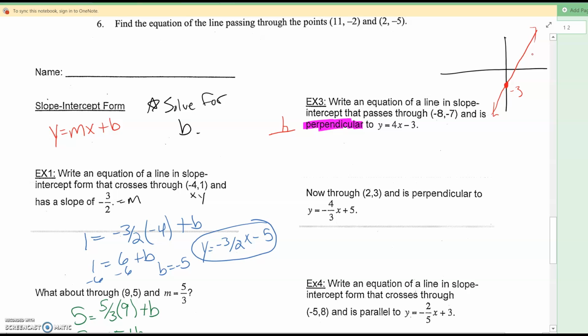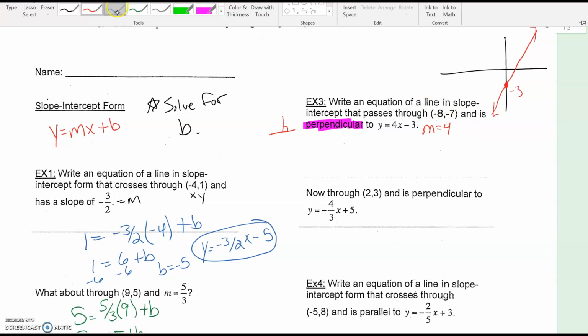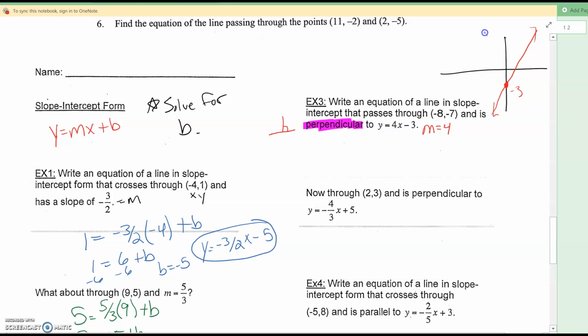So my rise and my run flip-flop. My first slope here is m equals 4, but when I rotate it, I need something that goes more this way, it's now going to go downhill. In order to make my new slope, the x and the y are going to reciprocate. So this is actually going to be -1/4.